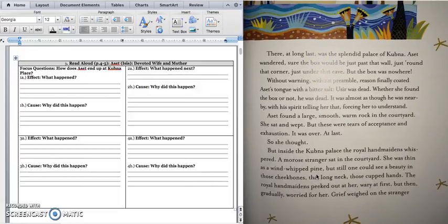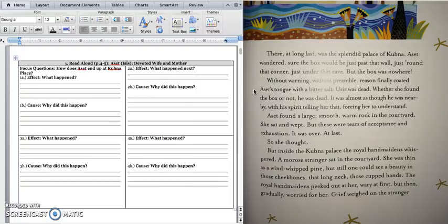It says, "There at long last was the splendid palace of Kubna." Aset wondered, sure the box would be just past the wall, just round the corner, just under the eave. But the box was nowhere. Without warning, without preamble, reason finally coated Aset's tongue with a bitter salt. Usser was dead.